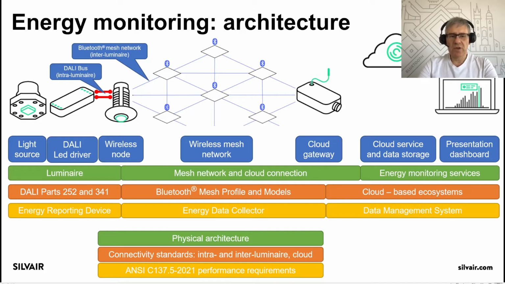Then, because the wireless nodes can form a wireless mesh network, those luminaires interact together, so they can be grouped such that they respond synchronously to some events like occupancy, for example, or they dim up or down depending on the ambient light level that is required in a particular zone. And this mesh network is covered by Bluetooth specifications.